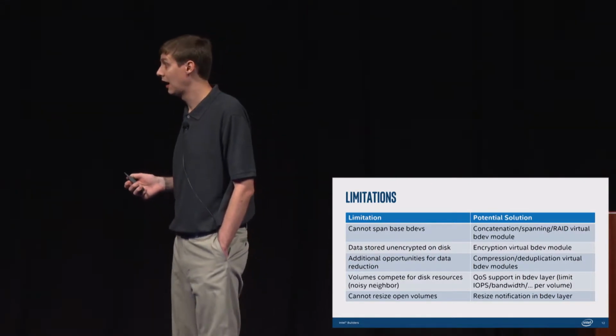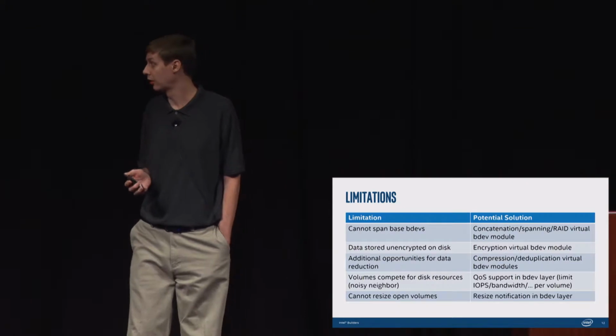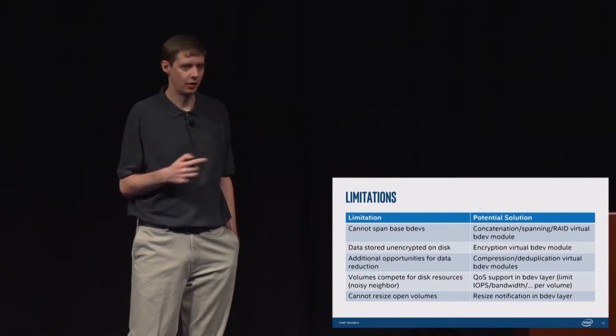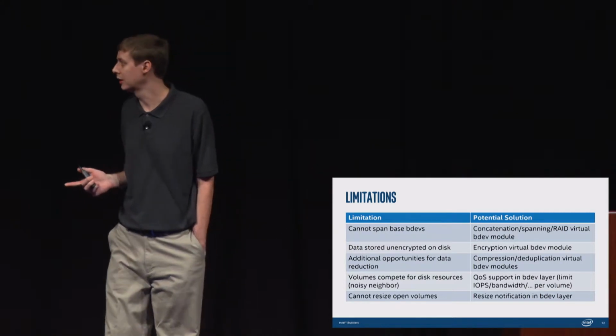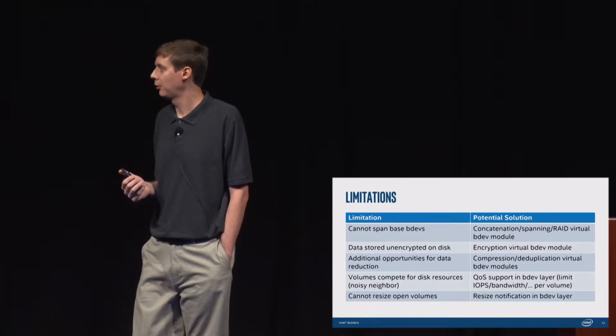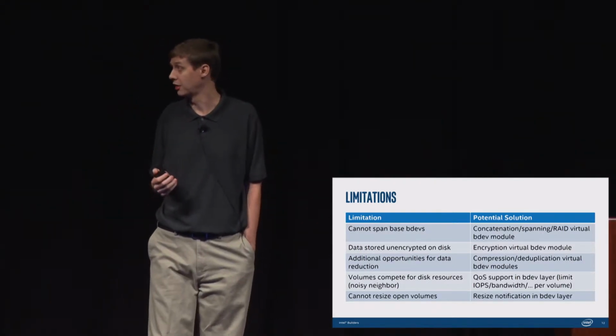Additionally, right now, we have that resize functionality, which will let you shrink or expand a disk. And it does, under the hood, work in terms of resizing volumes while they're open, and we don't have any thread safety bugs or anything there. But there's no way right now for the next layer up to know that its underlying block device changed size.